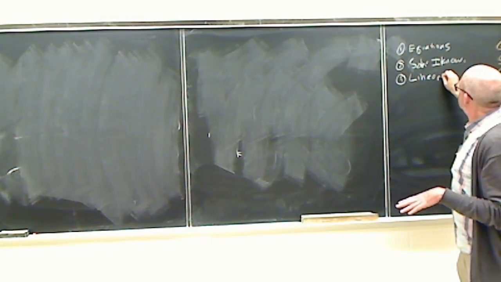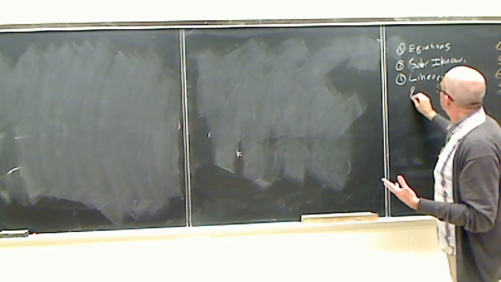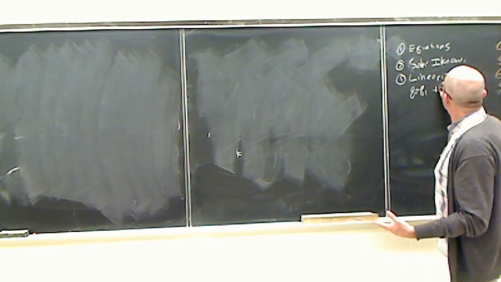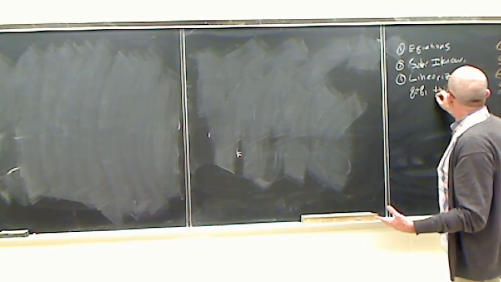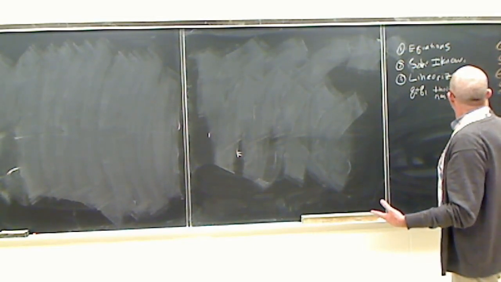Third, linearize around that solution. That's as simple as Q equals Q naught plus Q1. Put that in everywhere and throw out any Q1 squared terms, the nonlinear terms.